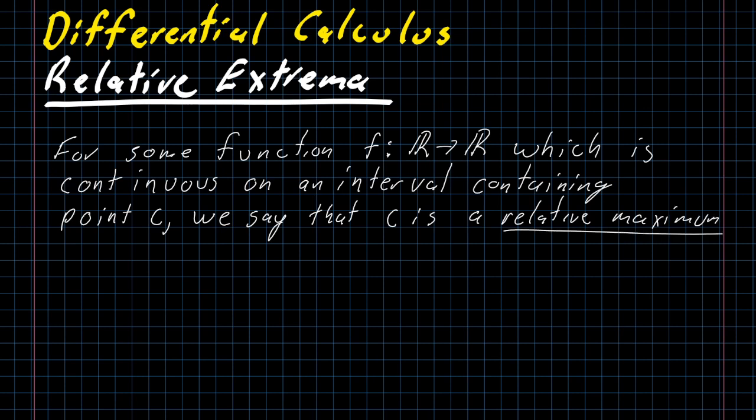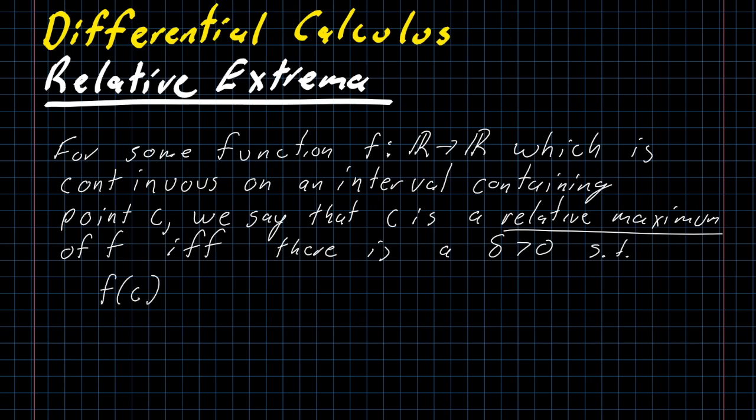We say that C is a relative maximum of f if and only if there is a value delta greater than 0 such that f of C is greater than f of x for every x such that the absolute value of x minus c is less than delta.